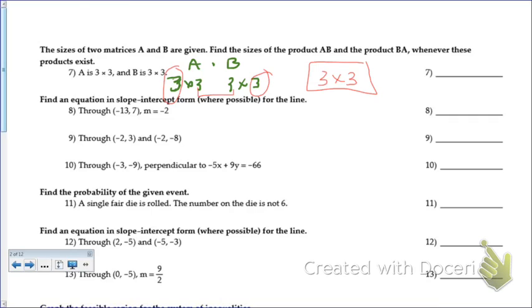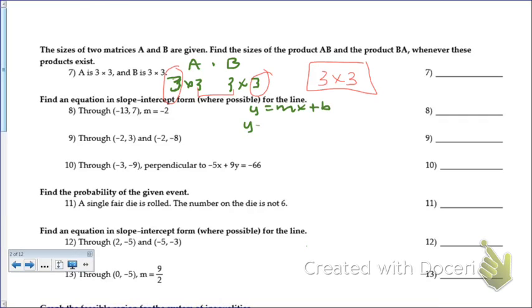Number 8, find an equation in slope-intercept form where possible for the line. Slope-intercept form is y equals mx plus b. And sometimes you can go straight to that, but sometimes you need the equation in point-slope form, where you're given a point and a slope, and then you can go into slope-intercept form.